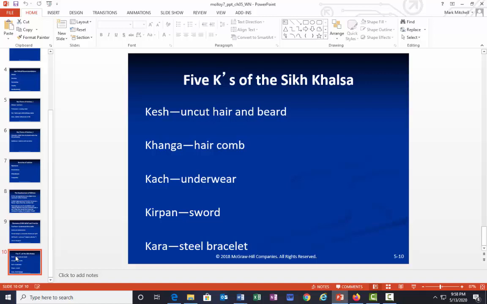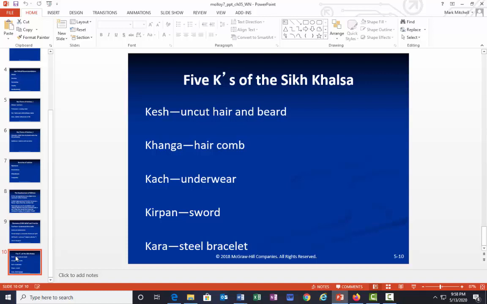Now, one of the last things on our slides talks about Sikhs and the Khalsa. The Khalsa is more of a community than anything else. In this community, they list 5 Ks. They all begin with the letter K, so that sounds like a reasonable thing to do. It gives us some physical description of their dress.